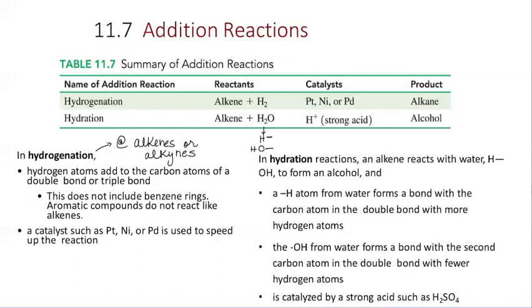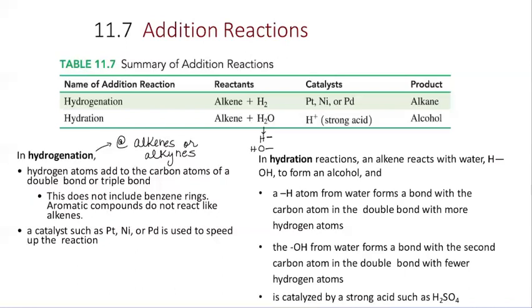In organic chemistry, we learn in our training that this is what we call the richer gets richer. The incoming hydrogen joins the carbon that already has the most hydrogens. The other carbon atom will get the OH. And that's basically how we do the addition reactions.